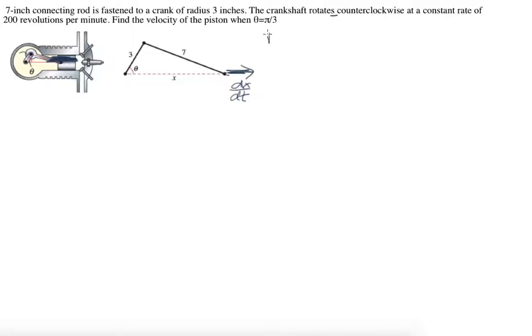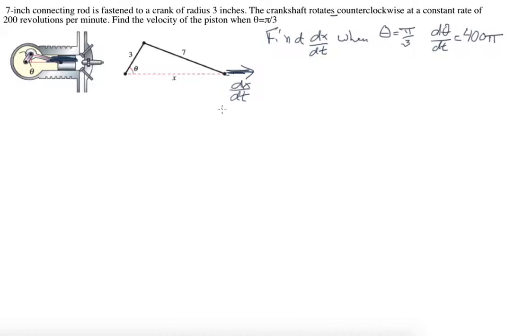So we're going to find dx/dt when theta equals pi over 3 and dθ/dt equals, well, there's 2 pi radians in a revolution, so 200 times 2 pi gives me 400 pi.